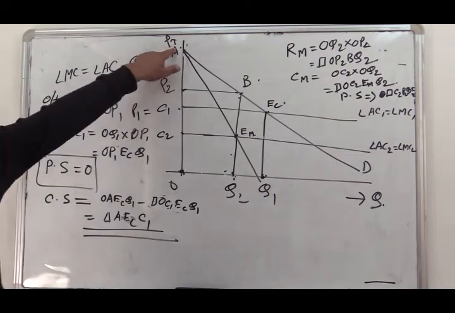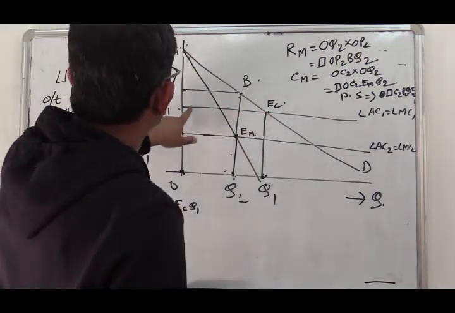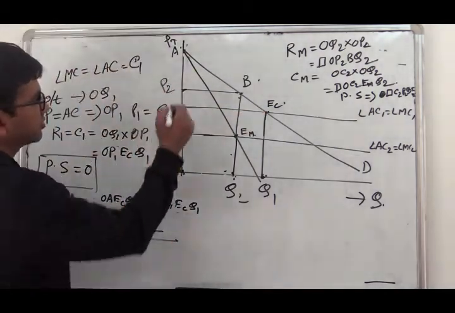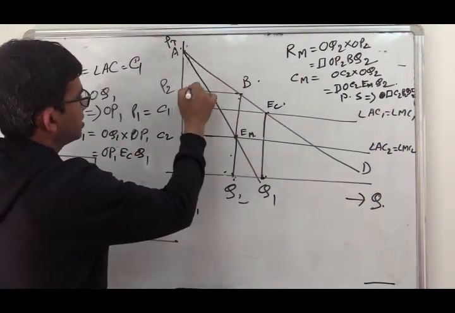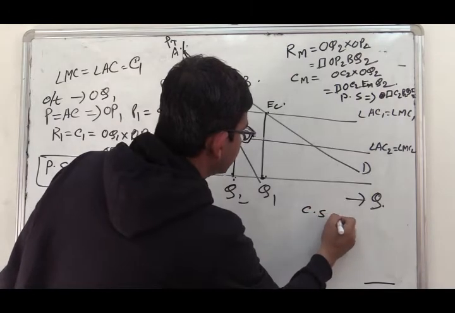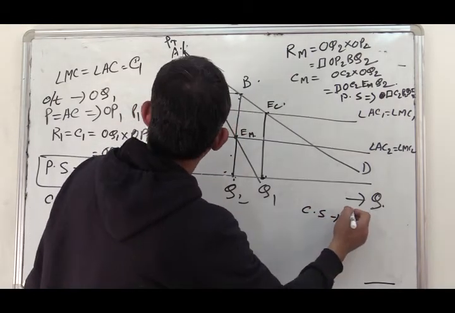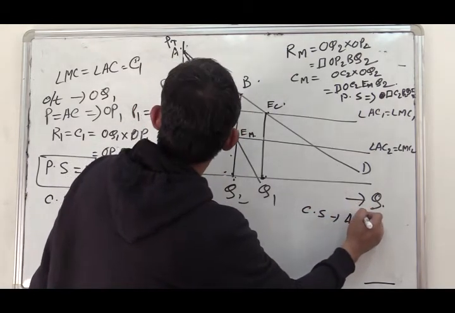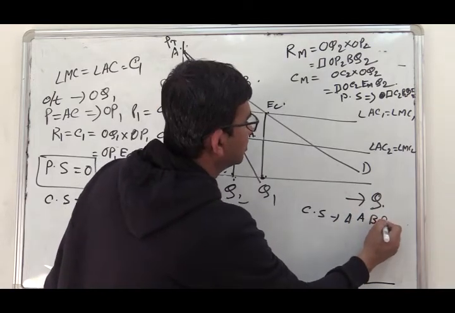So previously this is the consumer surplus A, EC, C1. Now what will be the consumer surplus? It will be A, B, P2. So here under monopoly, CS will be the area of the triangle A, B, P2.